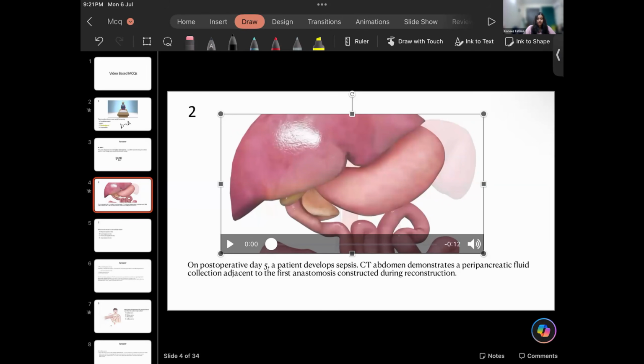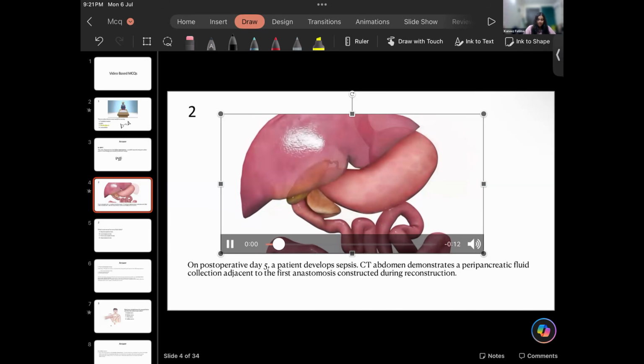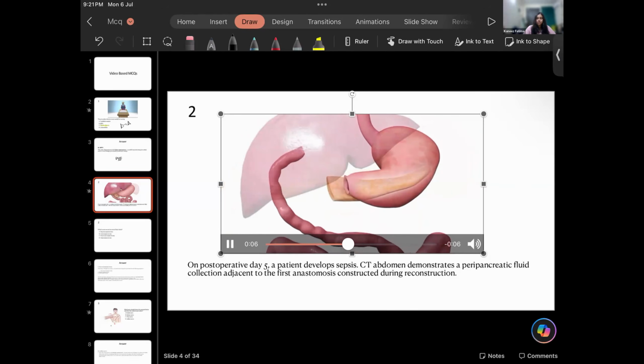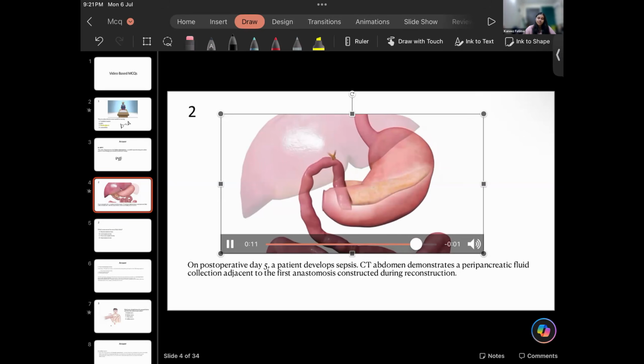Before that, we will read that the question says on the post-operative day 5, a patient developed sepsis. The CT abdomen demonstrates a peripancreatic fluid collection adjacent to the first anastomosis constructed during the reconstruction. So this video is basically a reconstruction and seeing the so many resections and anastomoses, one can come to a conclusion that it is a Whipple's procedure, which is used for the surgical management or resection of the head of the pancreas cancer or the periampullary cancer.